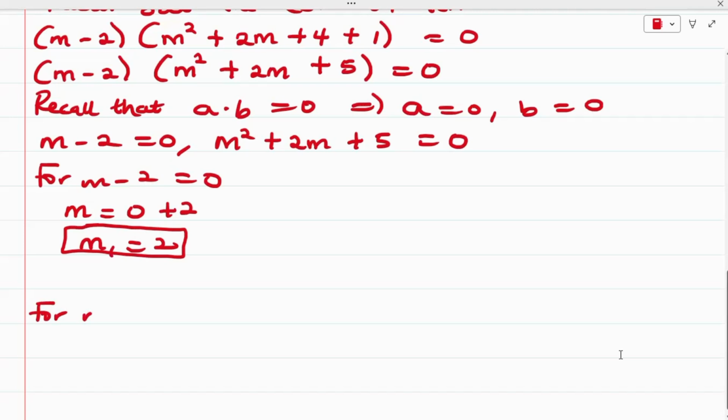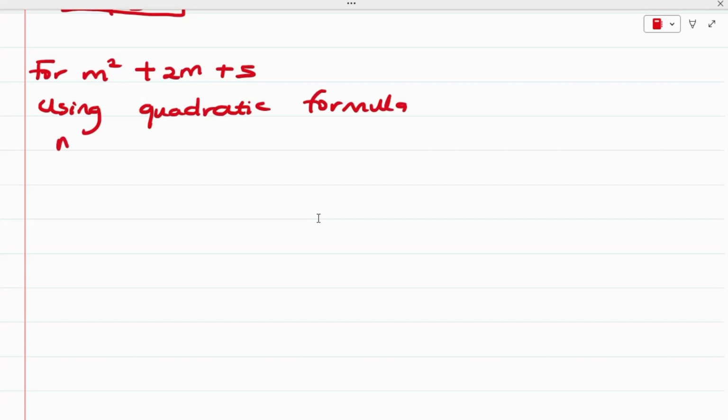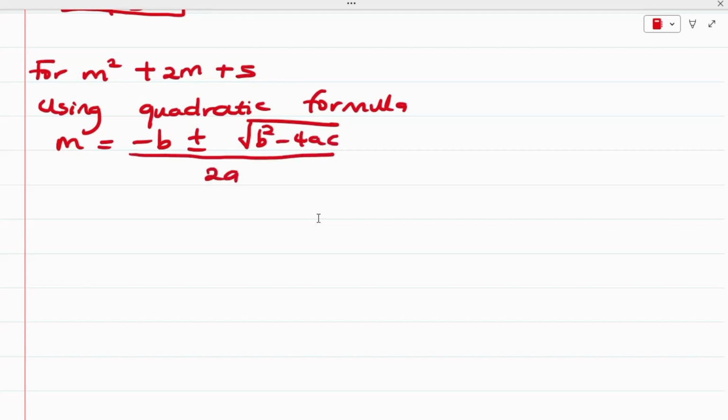So let's solve m squared plus 2m plus 5, and we are going to solve this using the quadratic formula, which states that m is equal to minus b plus or minus the square root of b squared minus 4ac, all over 2a, whereby a is 1, b is equal to 2, and c is equal to 5.